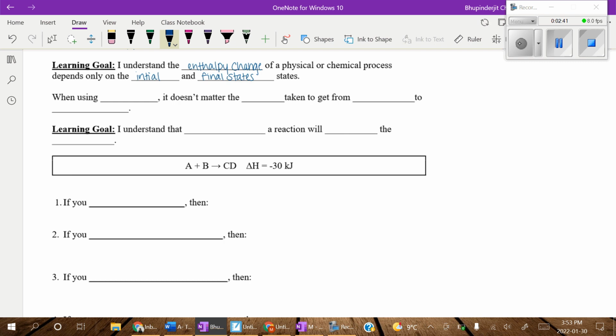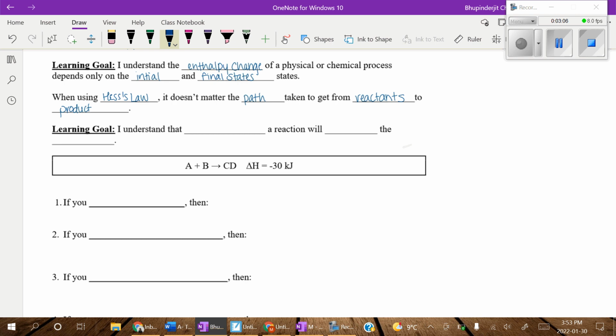So when using Hess's law, it doesn't matter the path taken to get from reactants to products. Now, a lot of people are going to be like, what the heck does that mean?